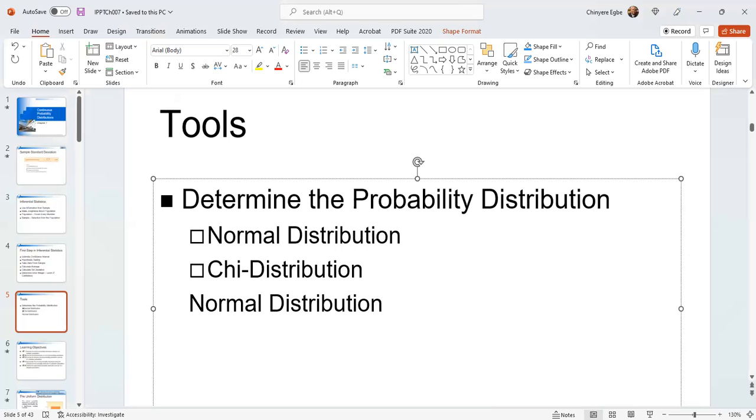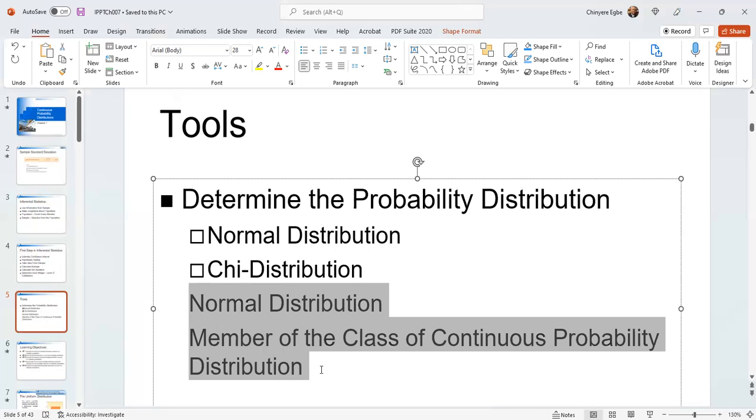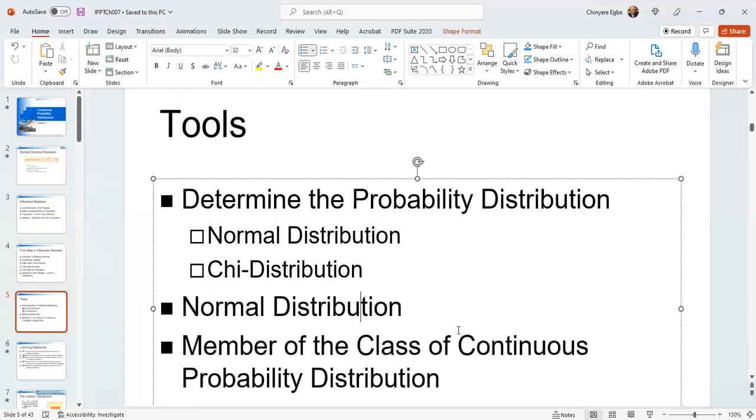Normal distribution is a member of the class, not a class, of continuous probability distributions.